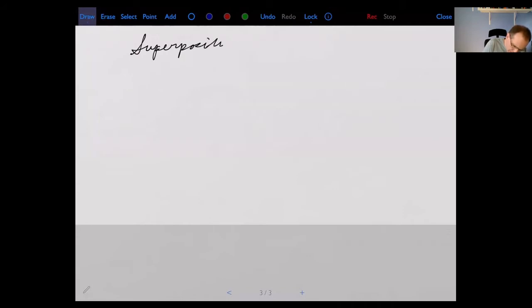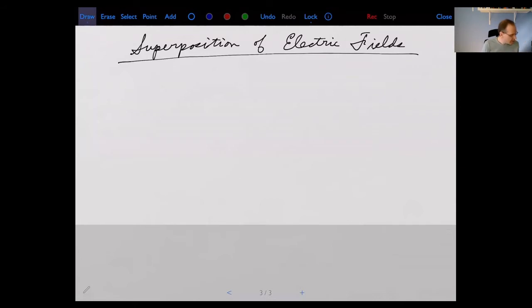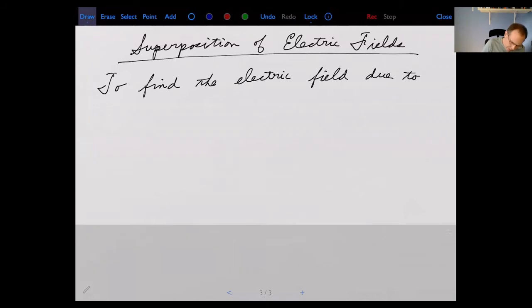Superposition of electric fields. Okay, so this is the idea. To find the electric field due to several charges, you find the electric field due to each charge.